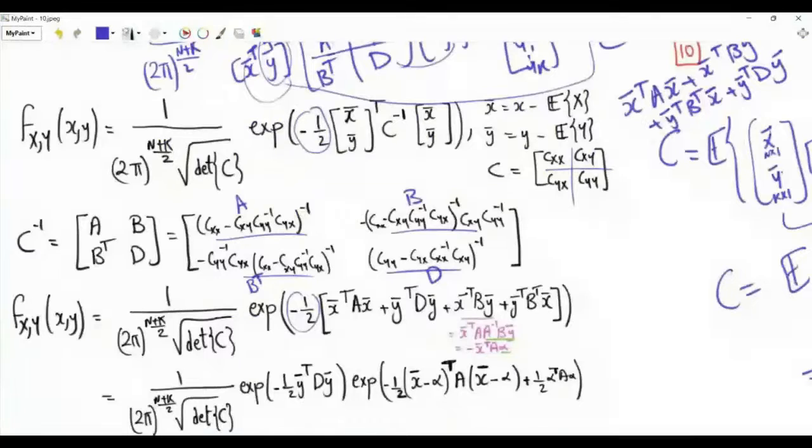So this is basically the joint PDF of x1, x2 to xn, y1 to yk, and now we have it written in terms of the matrices A, B, and D, and those depend on CXX, CYY, and CXY.